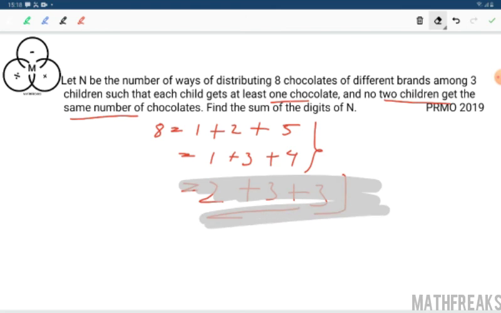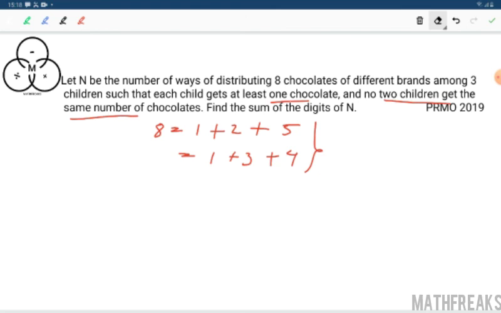So let me just remove it. So the first case is this kind of distribution, 1, 2, 5 chocolates. Second case is 1, 3, 4 chocolates.